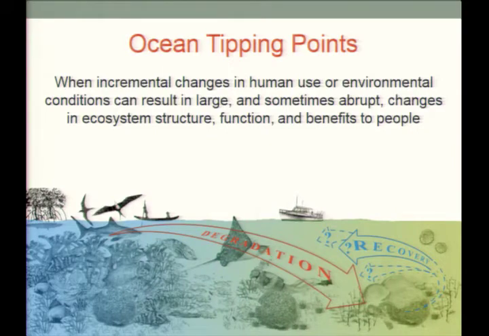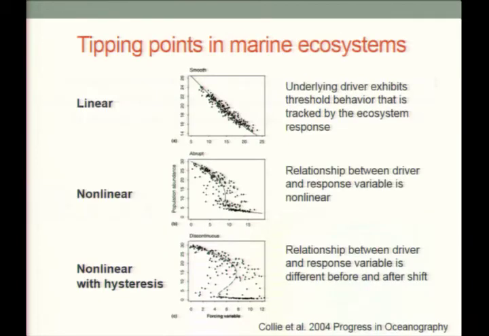And to start, I'd like to provide a definition of what we mean by ocean tipping points. The definition provided by this project is when large incremental changes in human use or environmental conditions can result in large and sometimes abrupt changes in ecosystem structure, function, and benefits to people. And these tipping points can arise through multiple forms.